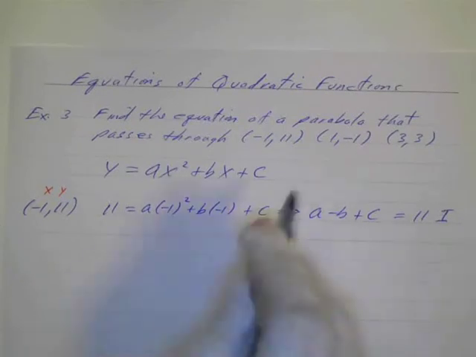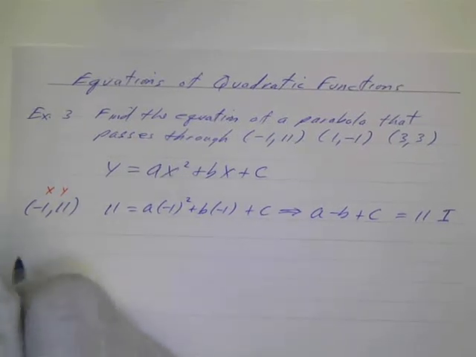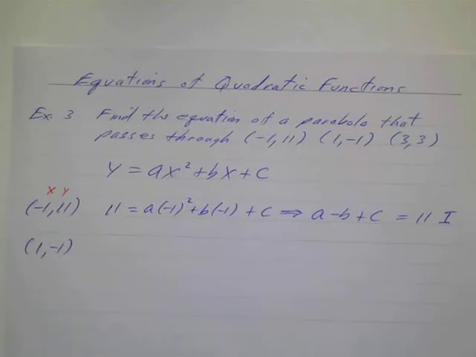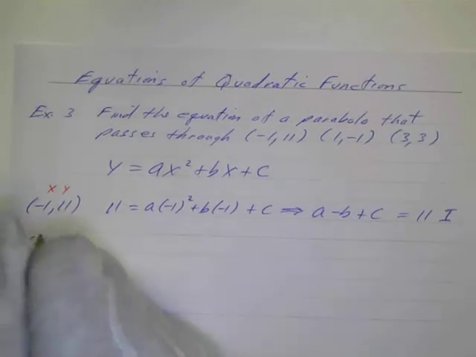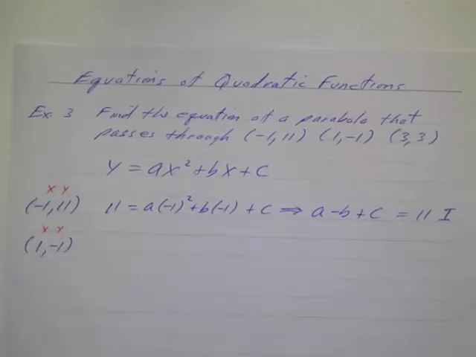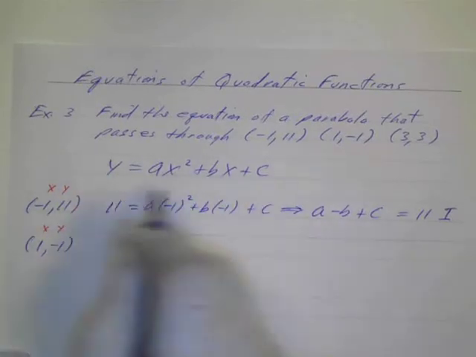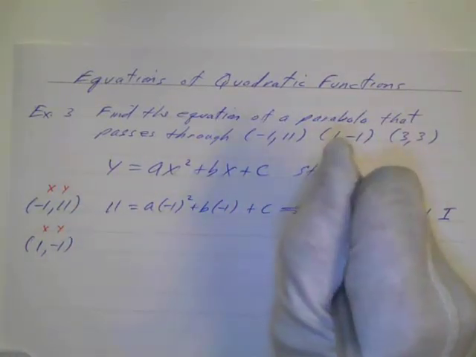And then we'll do the same thing with the other points. So we have 1, negative 1. And again, this is x and y. So every time I see a y, I put a negative 1. So there's a y here. Again, we're going to use this standard form.